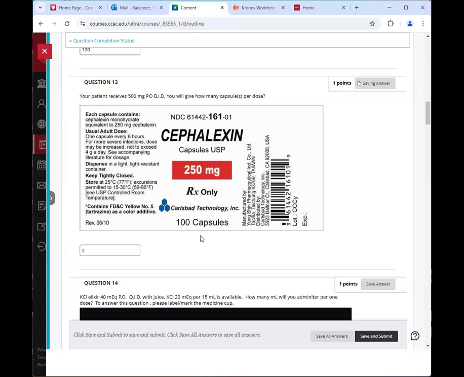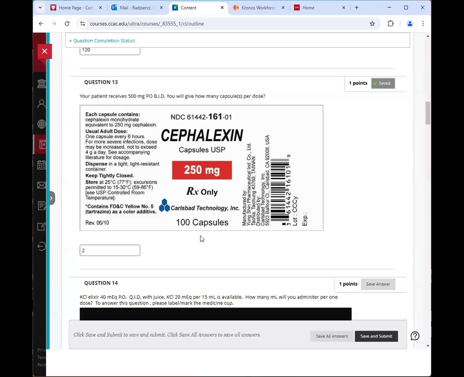So if they say per day, how much is it going to be? You get answers like 2 capsules per dose, but instead of per dose, if it says per day, how are we going to calculate? You tell me. What do you think it would be per day? It might be times 2. Mm-hmm.